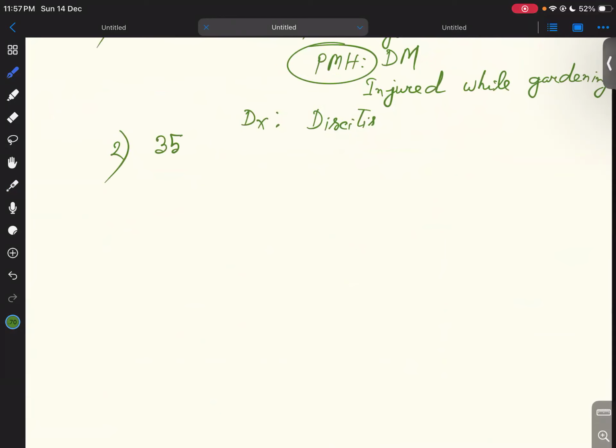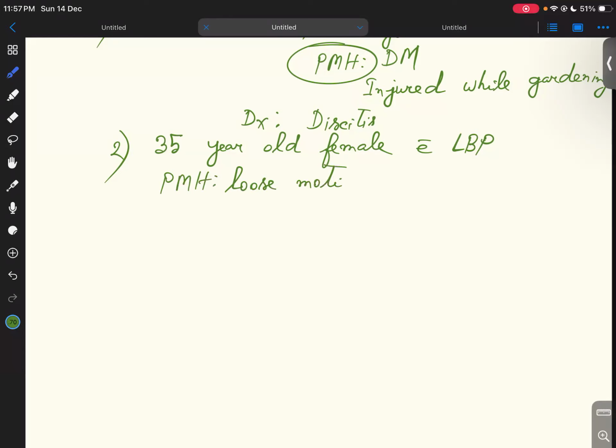A 35-year-old female with low back pain. She is also having some loose motion, and in the past medical history, it was diagnosed as celiac disease.